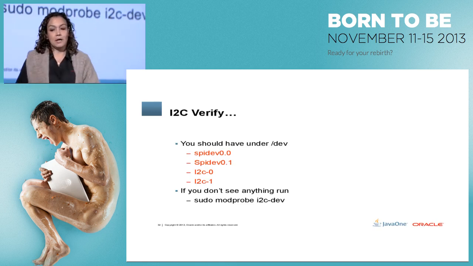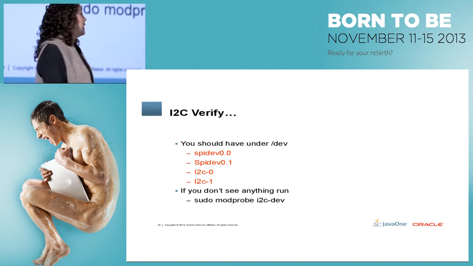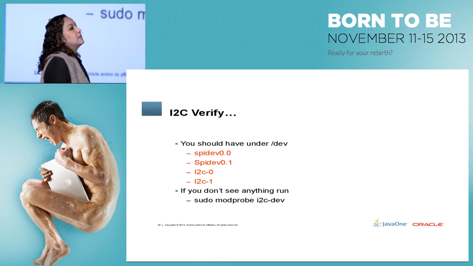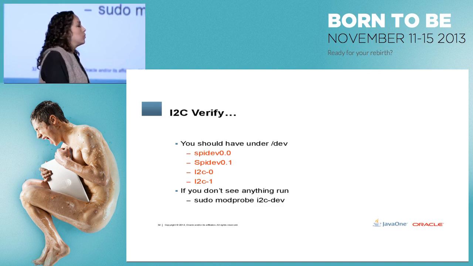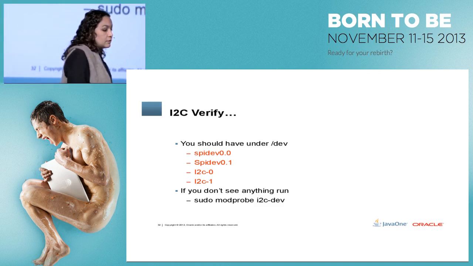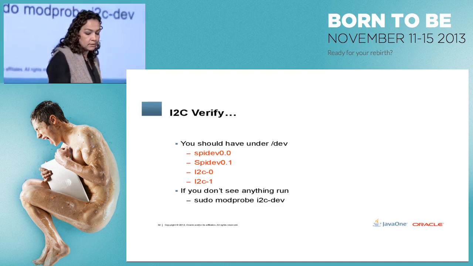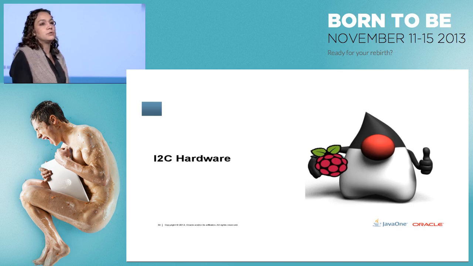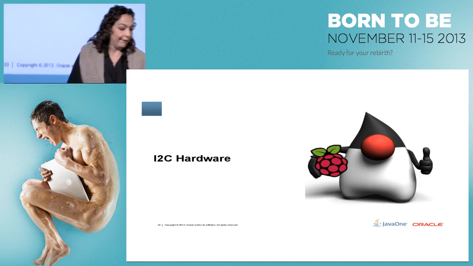Verify also that under the /dev directory you can see i2c-0 and i2c-1, and spidev 0 and 1. If you don't see them, try running modprobe again to see if that discovers the I2C. These are a few things you'll encounter when you're trying to do something new.